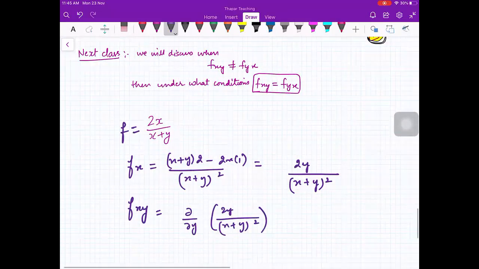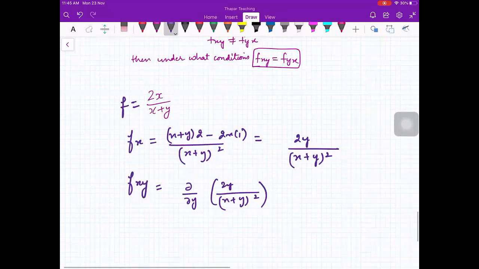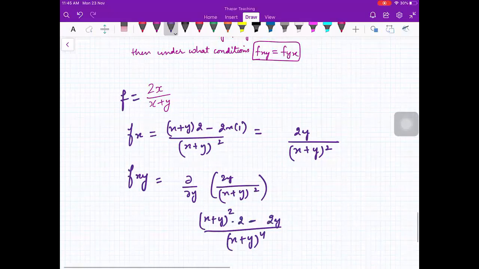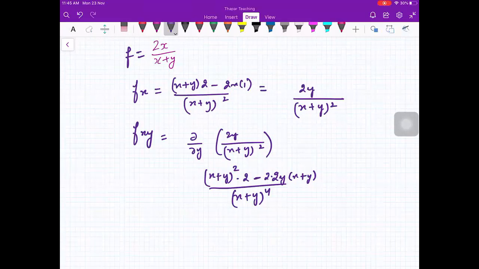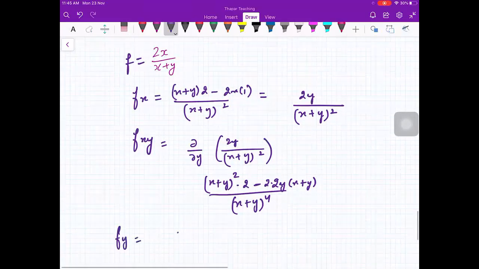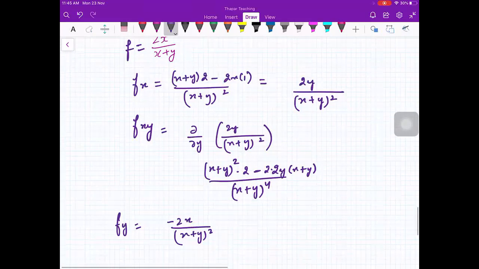So that will be x plus y whole 2 into x plus y square into 2 minus 2y into 2 x plus y, right? So this is what you will get. And if you go for curly f by curly y, that will be 2 minus 2x upon x plus y square, right?